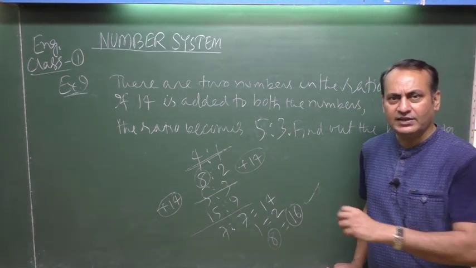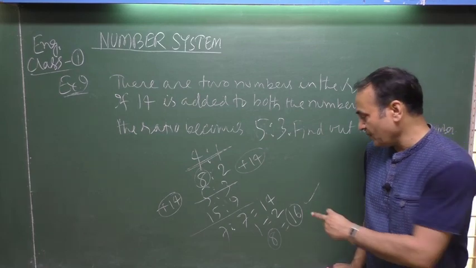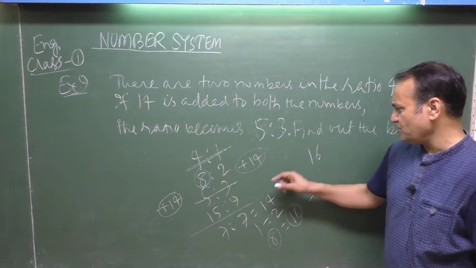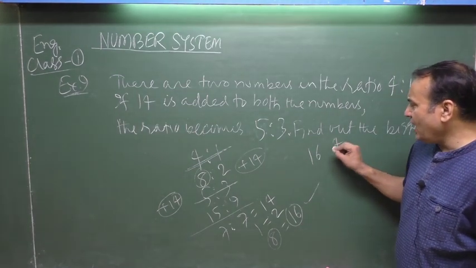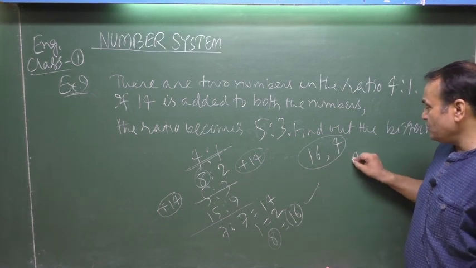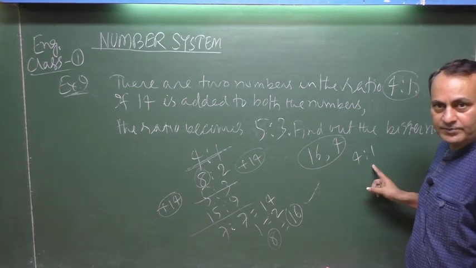Now let us verify this answer for our satisfaction. See here, the bigger is 16 and the smaller is 4. These are the two numbers, in fact, having a ratio of 4:1.